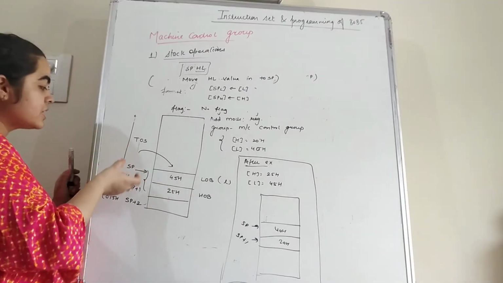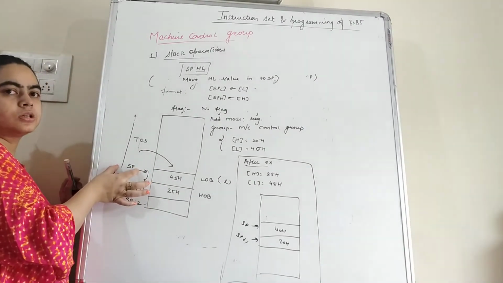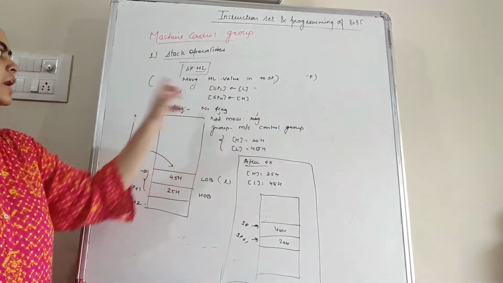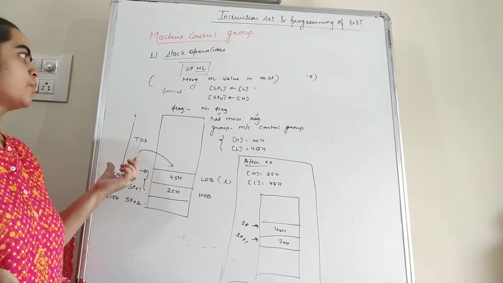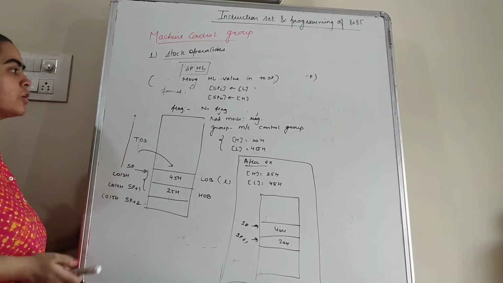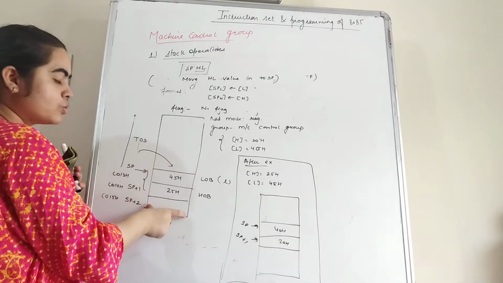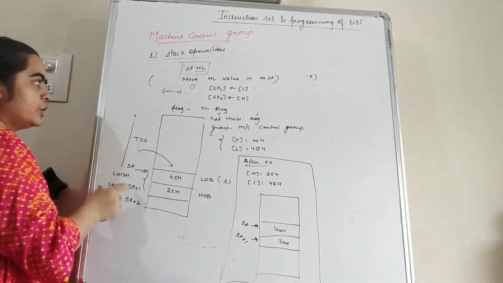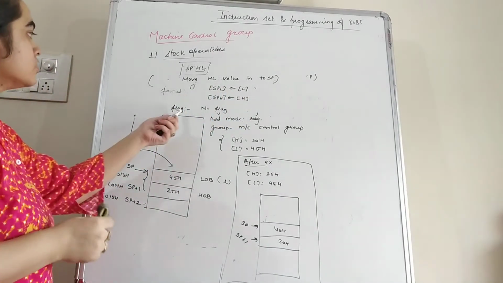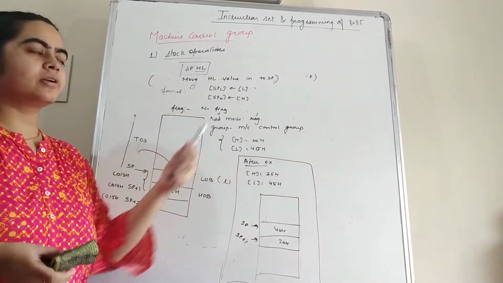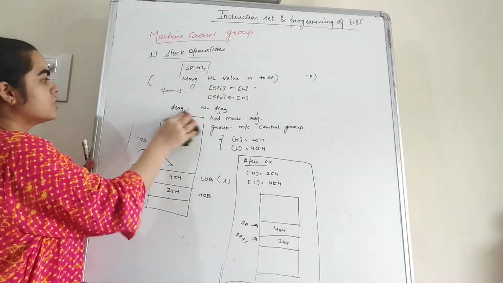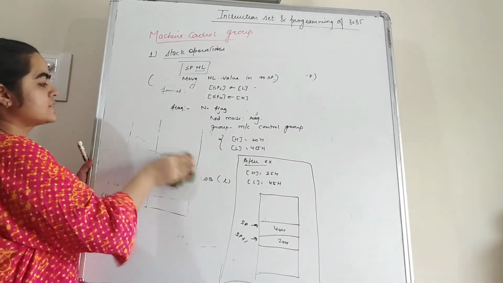Here we change the address of the stack pointer. Whatever the address in HL is, we put that into the stack pointer. So we are not adding contents into the stack area, we are just copying the address from the HL pair into the stack pointer. So no flag will be affected, the addressing mode is register addressing mode, and the group is the machine control group, that is, stack operations.